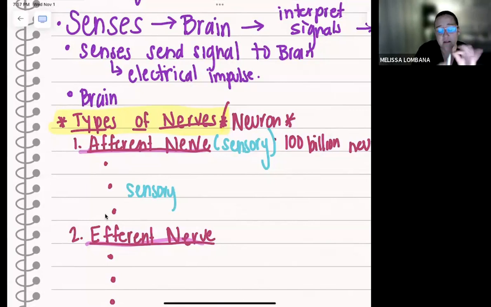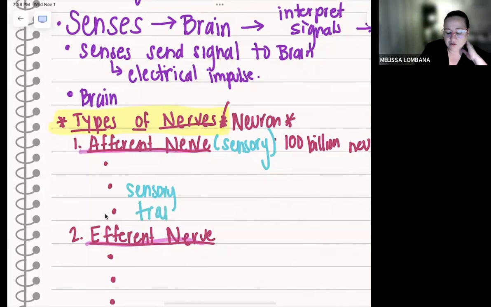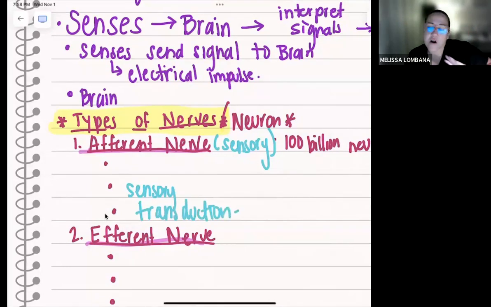Now, I just want you to add in there, this is the type of nerves that are going to be in charge of what's called transduction. And you'll learn a little bit more when we go into sensation and perception, but I want to drop a little seed in there.